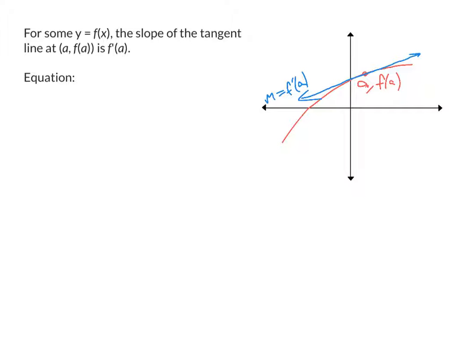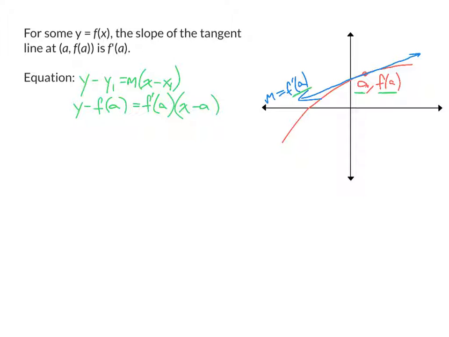Well, we typically use our point slope form, and so we'll say y minus y1 equals m times x minus x1. Or rather, if I start plugging in the points, there's an x1, there's y1, and here's my slope. So I'll have y minus f of a equals, the slope is f prime of a, times the quantity x minus a.